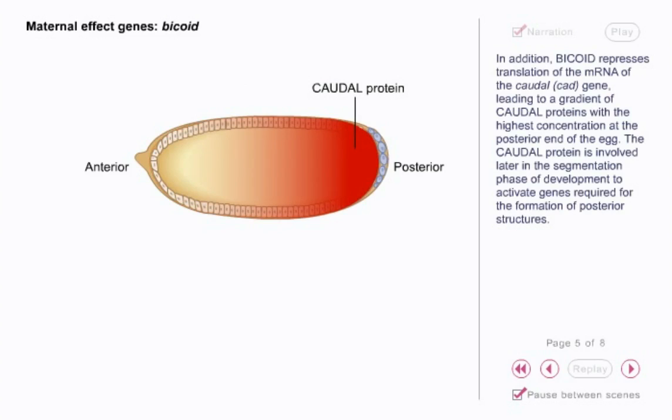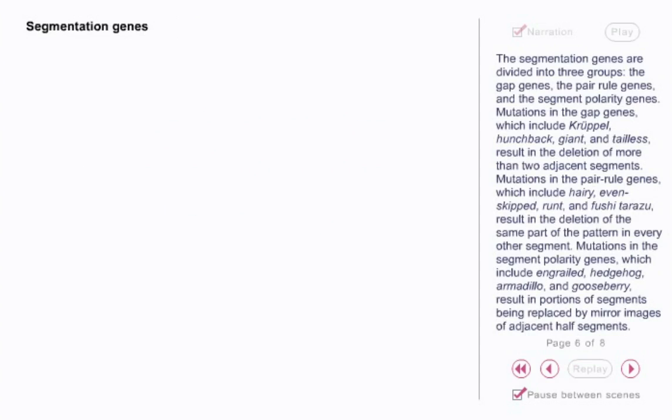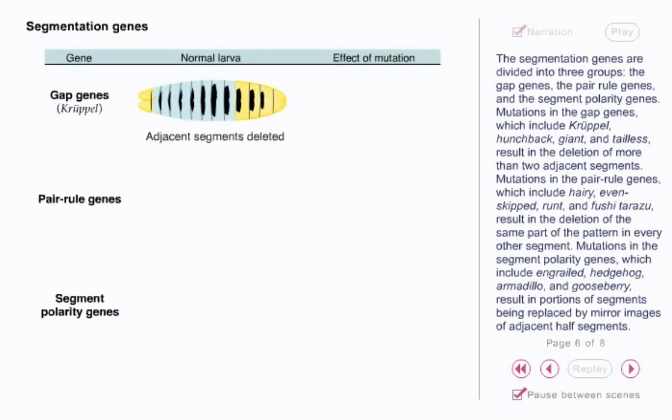The caudal protein is involved later in the segmentation phase of development to activate genes required for the formation of posterior structures. The segmentation genes are divided into 3 groups: the gap genes, the pair rule genes, and the segment polarity genes. Mutations in the gap genes, which include Krüppel, hunchback, giant, and tailless, result in the deletion of more than 2 adjacent segments.